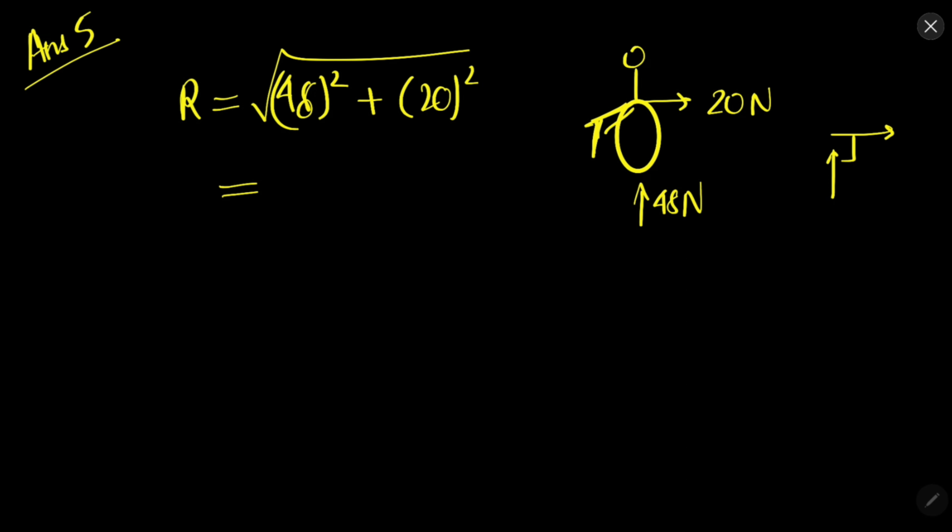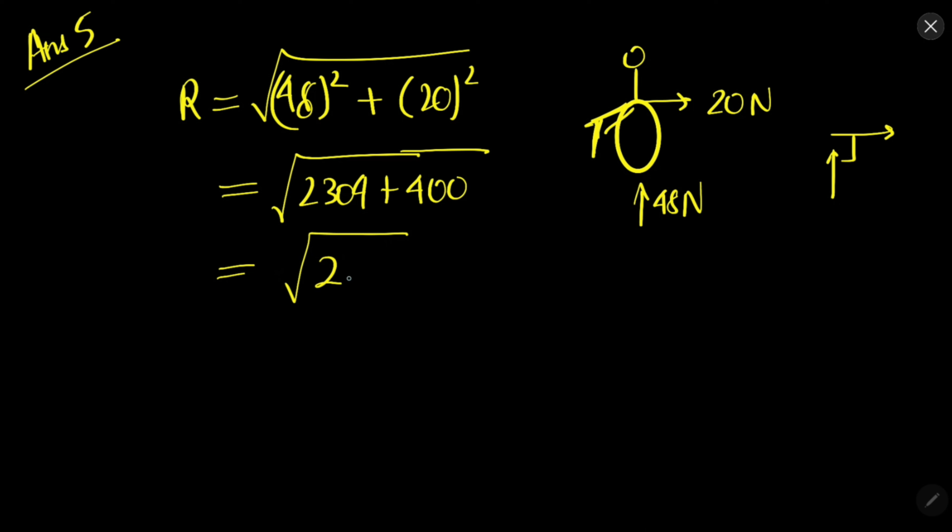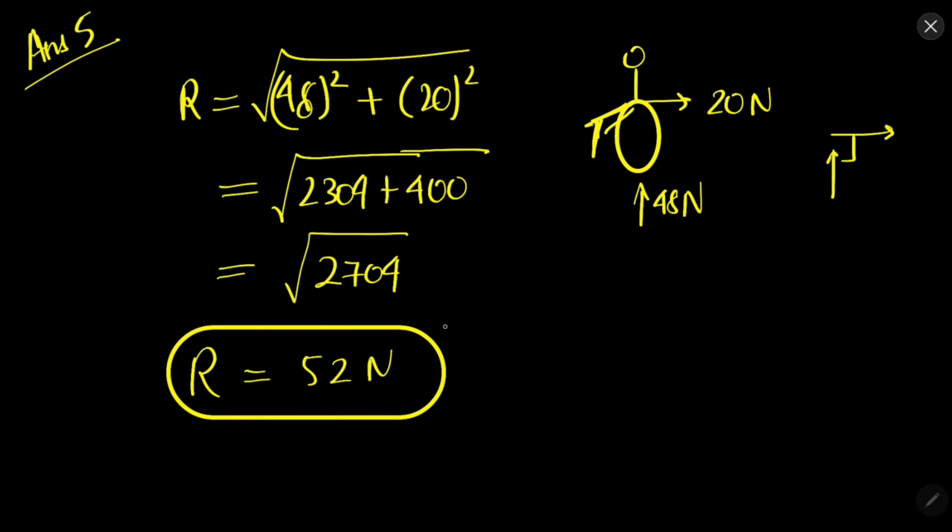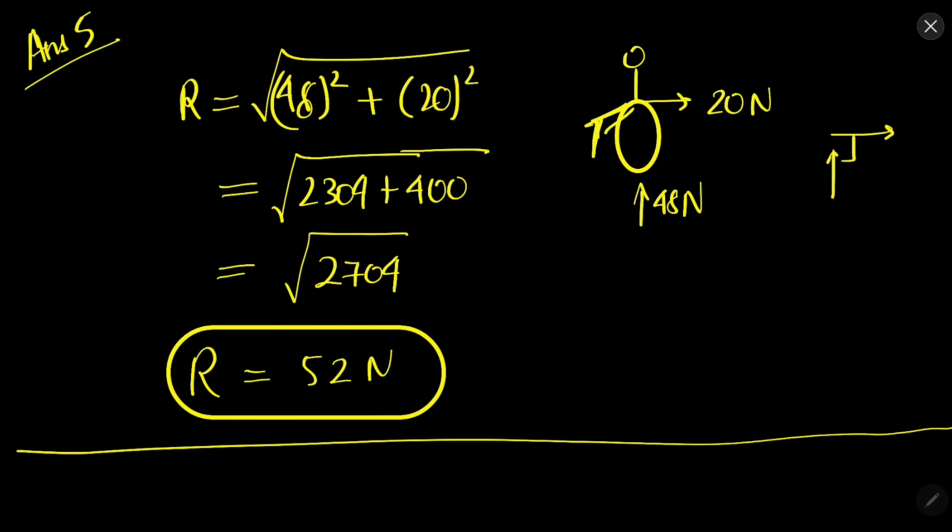Because the angle is 90 degree, cos 90 will be 0. So 2 f1 f2 cos theta will be 0. So root 2304 plus 400, 2704. So this will be approx 52 Newton. So this will be the resultant force on the monkey.